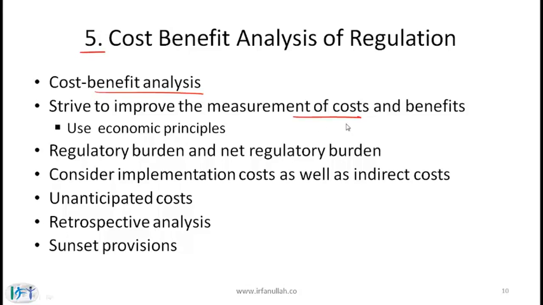How do you measure the cost of regulation? How do you measure the benefit of regulation? So one suggestion is to use economic principles. The reading doesn't spend too much time explaining how this is done, but nevertheless it's a general point to keep in mind. A few important terms: regulatory burden and net regulatory burden.